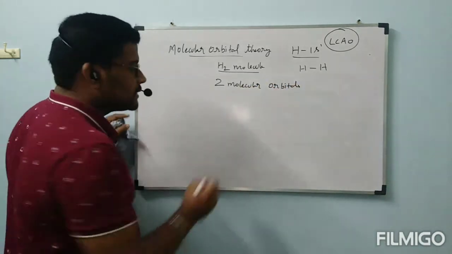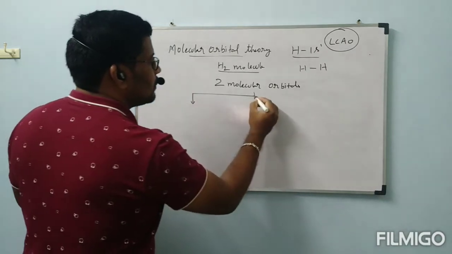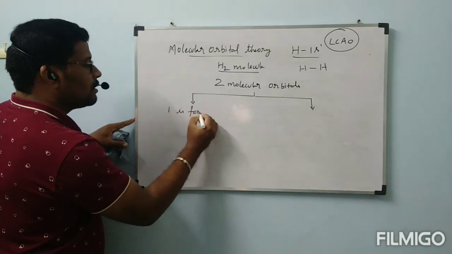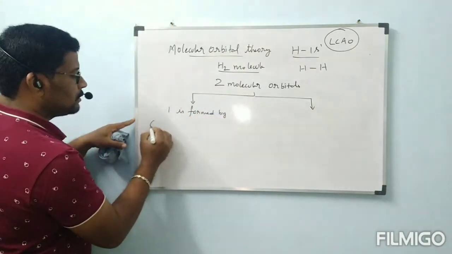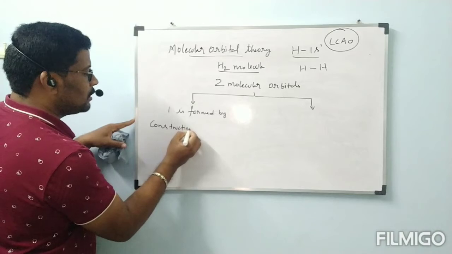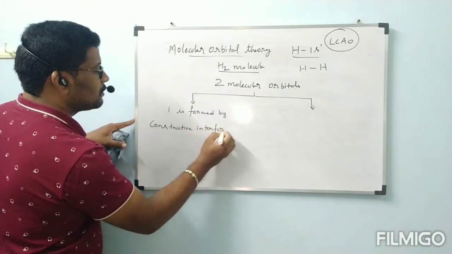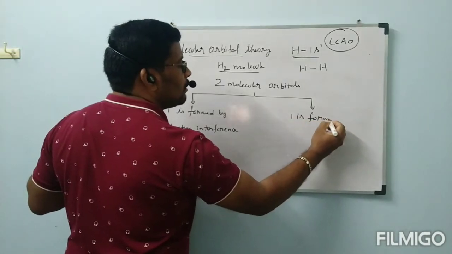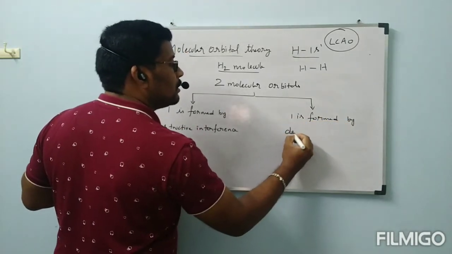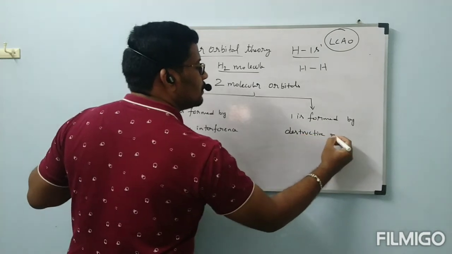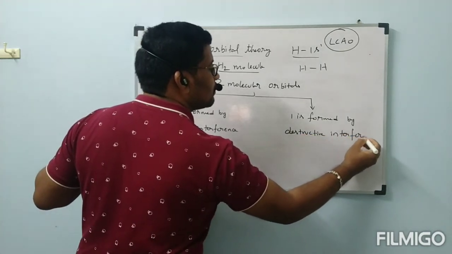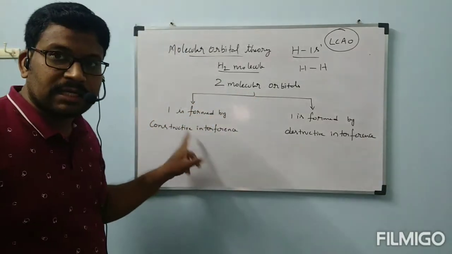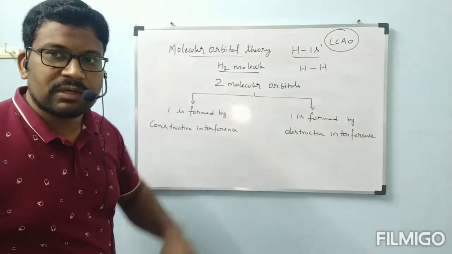Out of the two molecular orbitals, one is formed by constructive interference and one is formed by destructive interference.